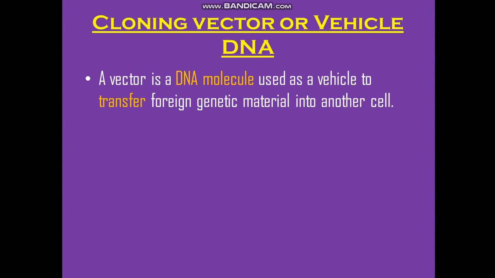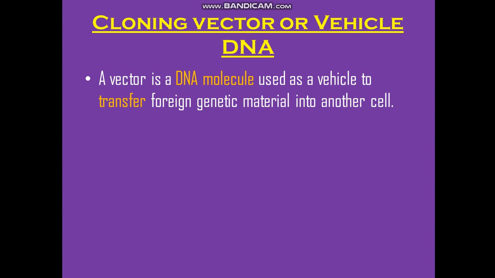We have some naturally occurring vectors. The naturally occurring vectors can be plasmids. The plasmid DNA which is found in bacteria is a naturally occurring vector. Another naturally occurring vector is the bacteriophages. Bacteriophages are viruses which infect bacteria.